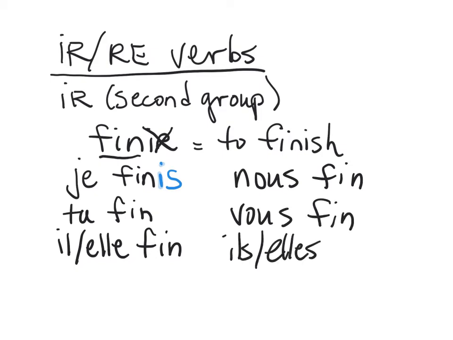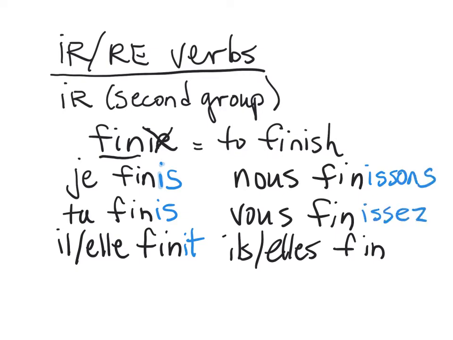You're going to write this whole chart down, and then the endings are going to be IS, IS, IT, ISSONS, ISSEZ, and ISSENT. So that is verbs that end in an IR.